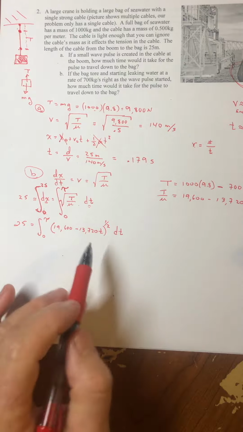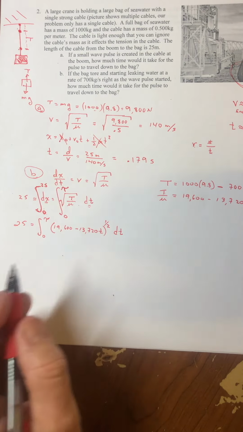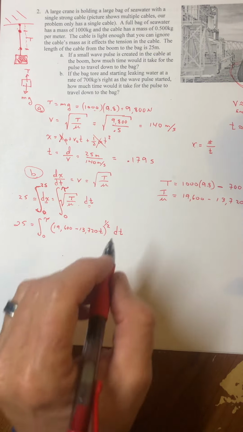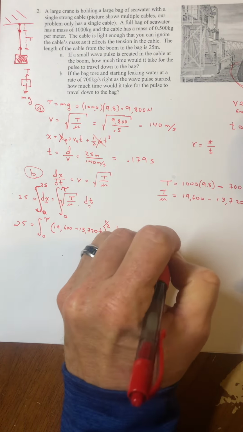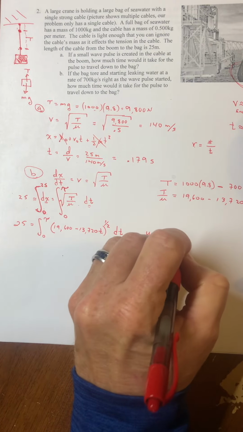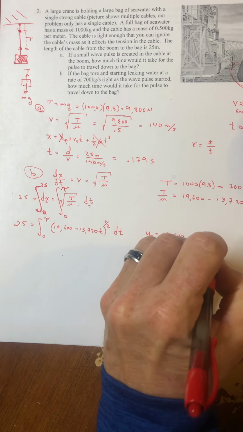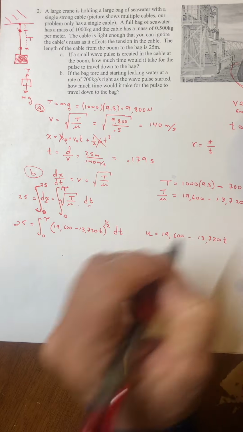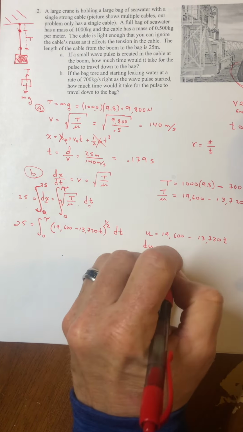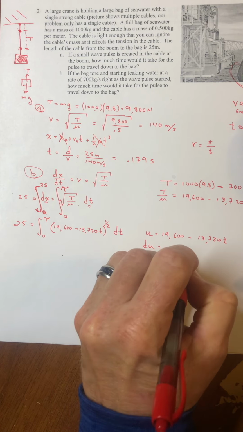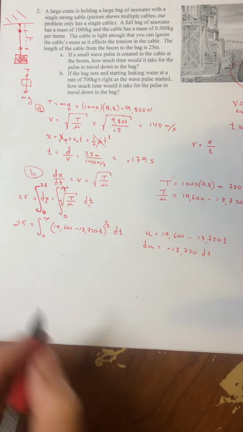That way it looks like an integral that's pretty easy for me to do. In fact, it's just screaming u-sub here. So if I take my u and set it equal to 19,600 minus 13,720 t, my differential du now becomes minus 13,720 dt.